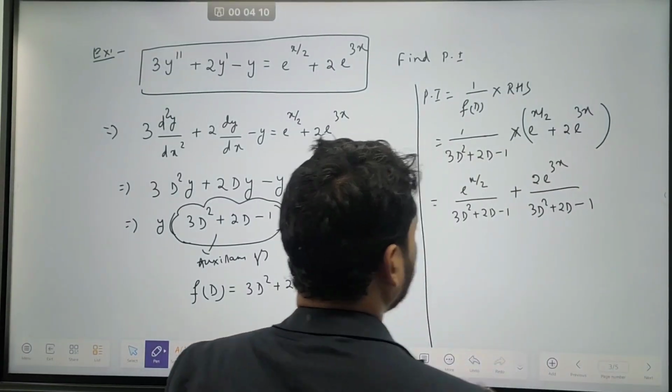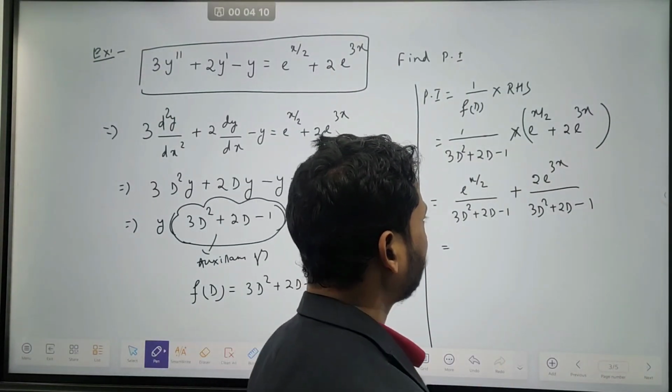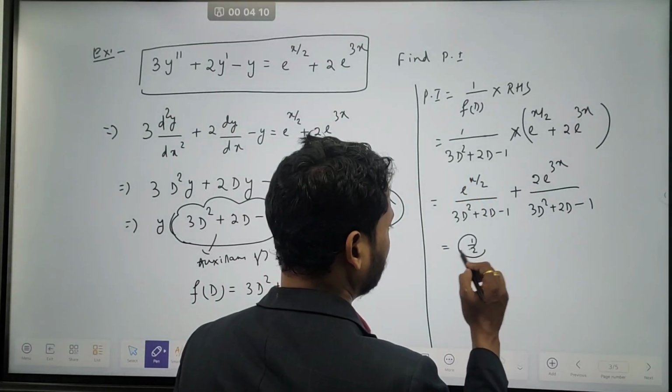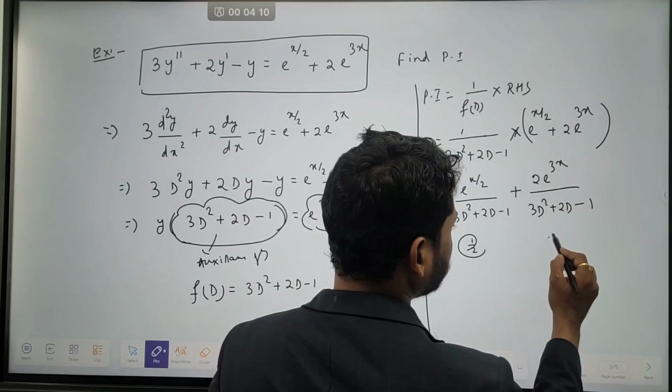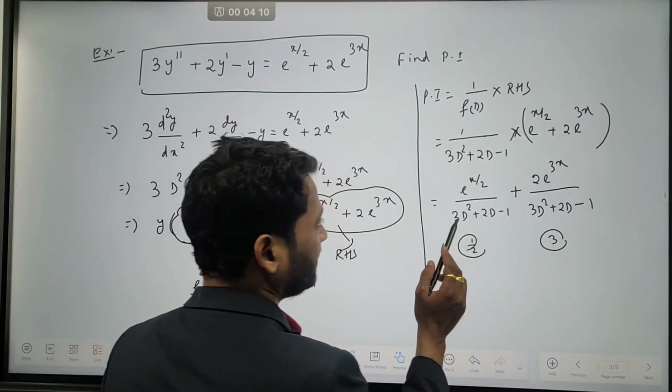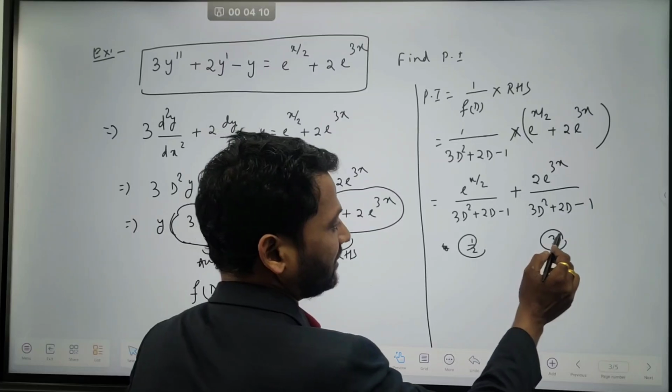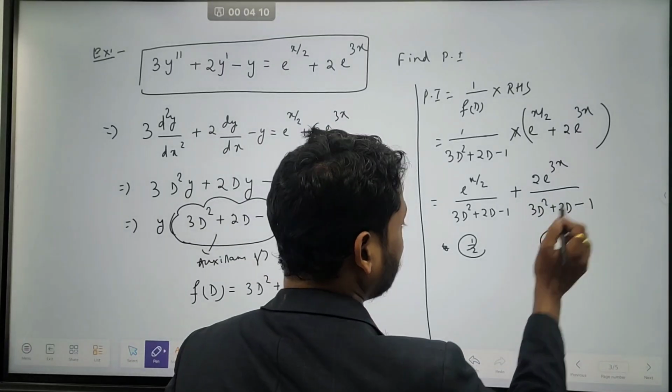Now we will take the coefficient of x. Here the coefficient of x is half, and here the coefficient of x is 3. Now we will put the value 1 by 2 in this equation and the value 3 in this equation.